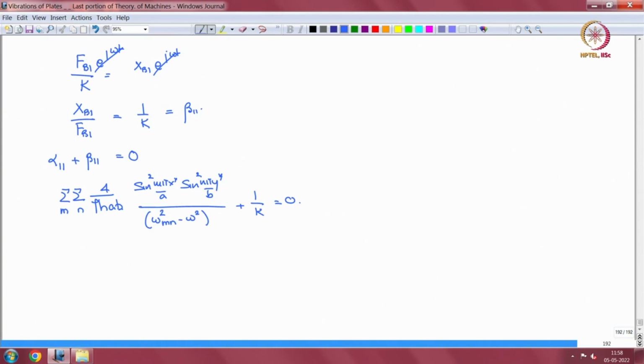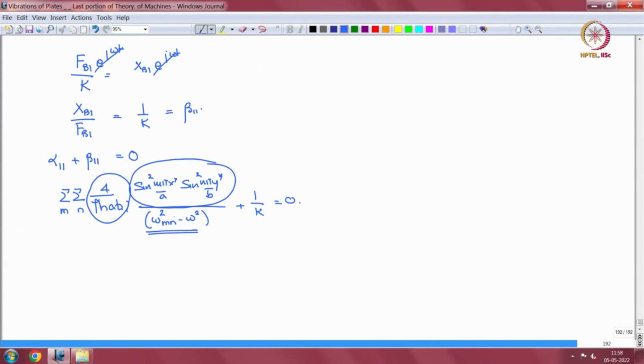Now, what happens next? This is a positive quantity, this is a positive quantity, this is a positive quantity, and this goes positive, negative.